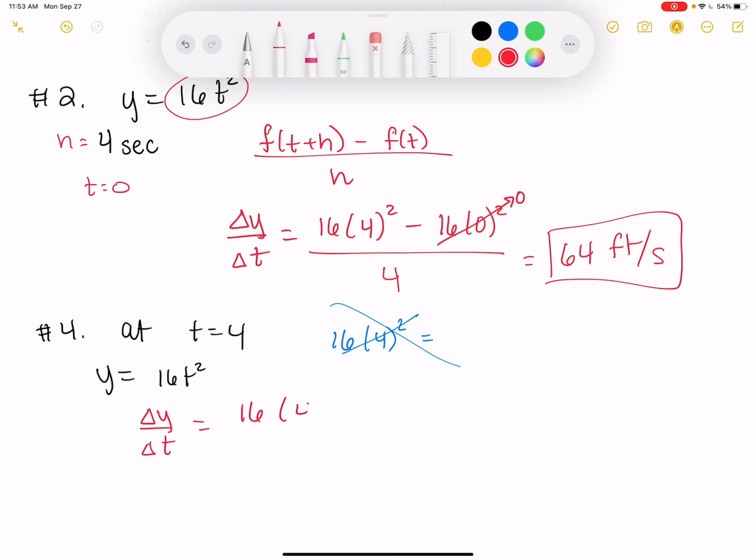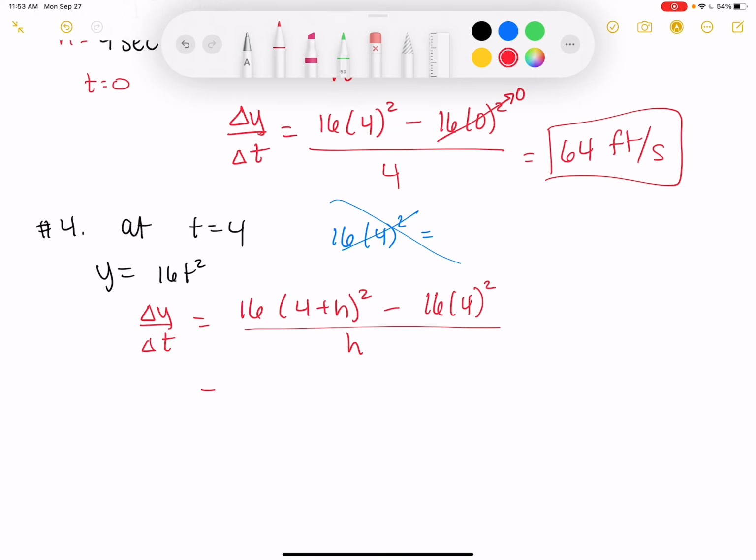So 16 times 4 plus h squared minus 16 times 4 squared all over h. And now I'm going to boil this out. So 16 times 16 plus 8h plus h squared minus 256, all divided by h.